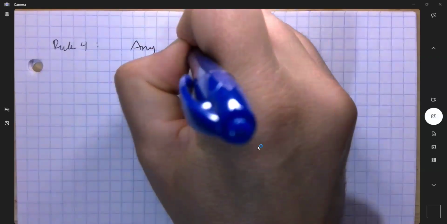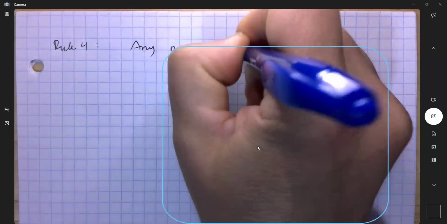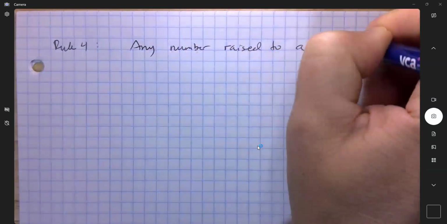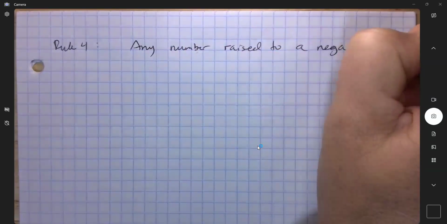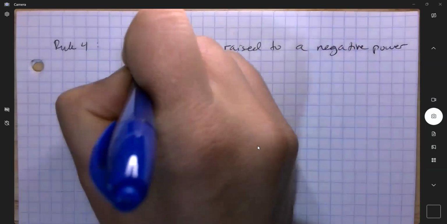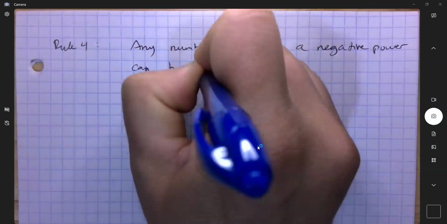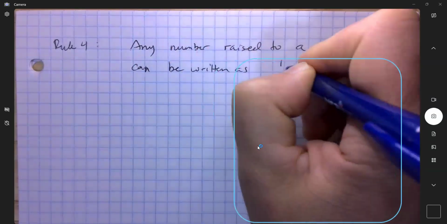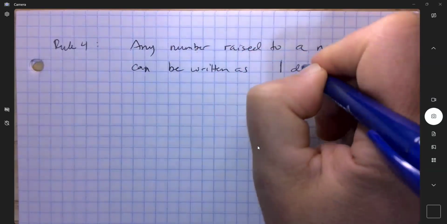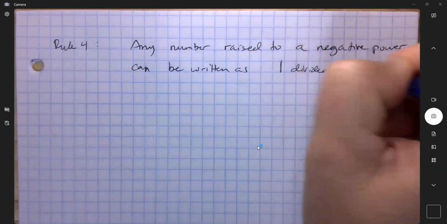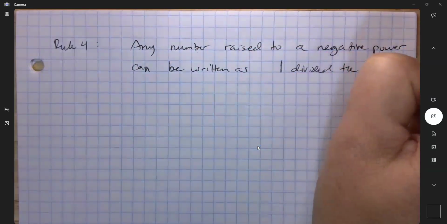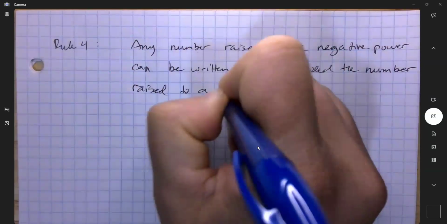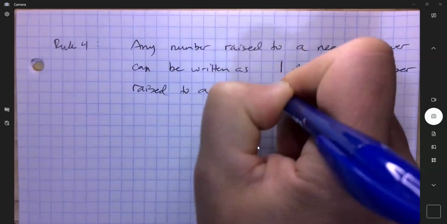Any number raised to a negative power, not just -1, but any negative power, can be written as 1 divided by the number raised to a positive power.